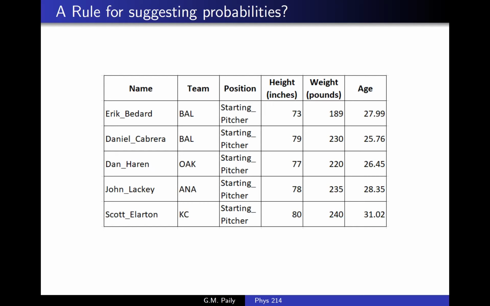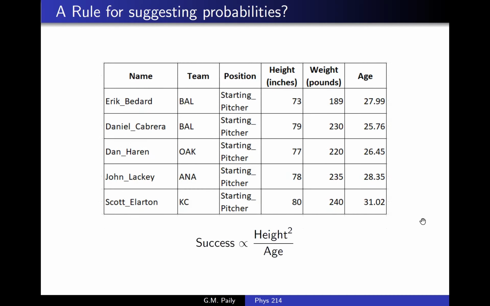From lots of measurements and observations, we have figured out a model for figuring out the success of a pitcher from his height, weight, and age. And the model that we have come up with says that the success of the pitcher is proportional to the square of their height divided by their age. Just a silly model, but sure, let's say we come up with that model.